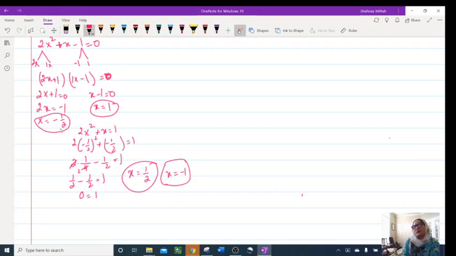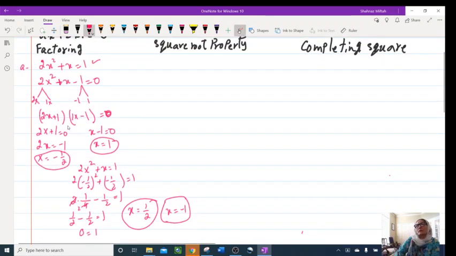I changed their signs, and we can go back and change those signs up here: make this negative and make this positive. This is my positive half, right? And that one is going to turn to negative 1.